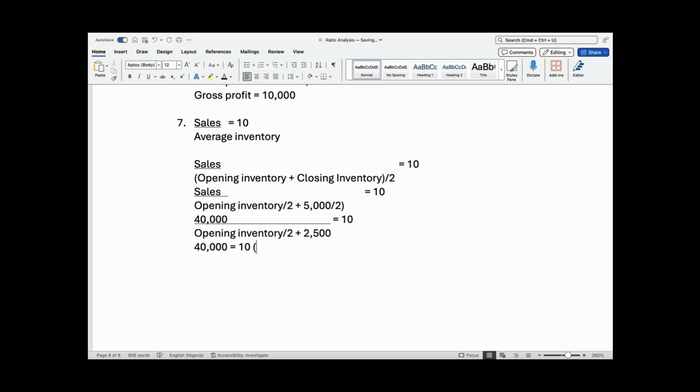We have opening inventory divided by 2 plus 5,000 to 5.